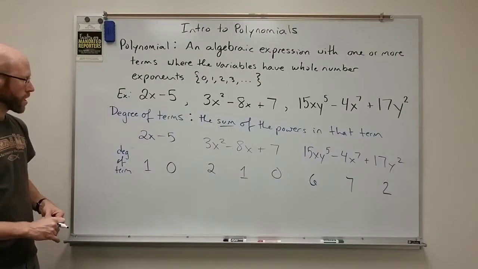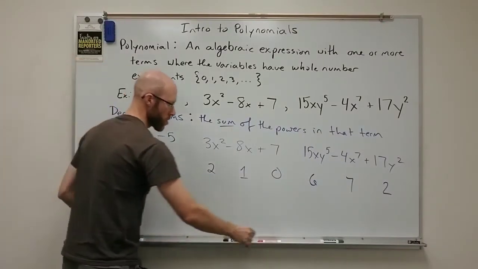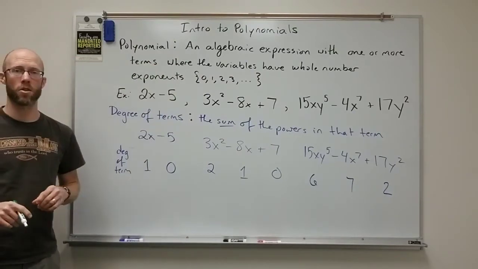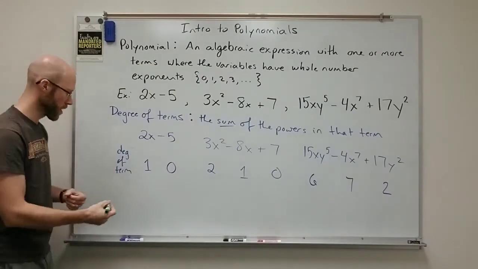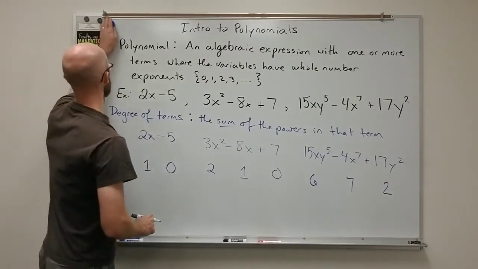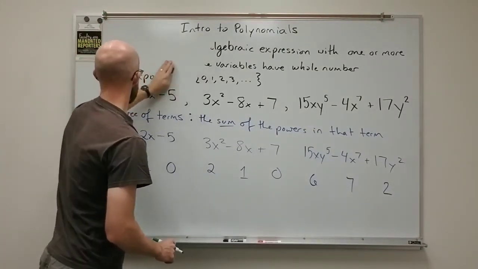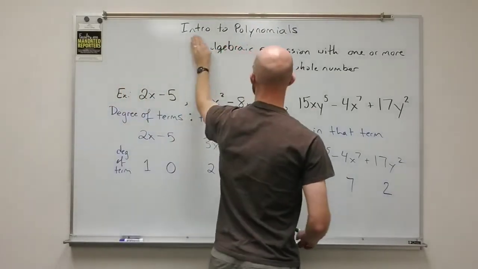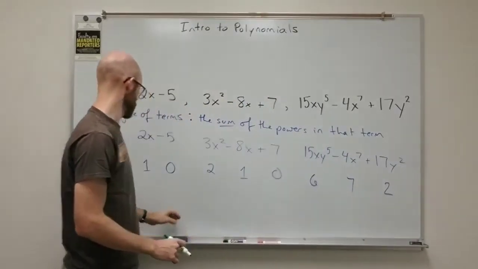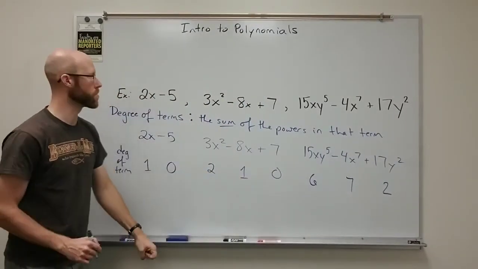All right, so now that we know the degree of the term, there's another definition called the degree of a polynomial. The degree of the polynomial itself is the largest of all the degrees of the terms.